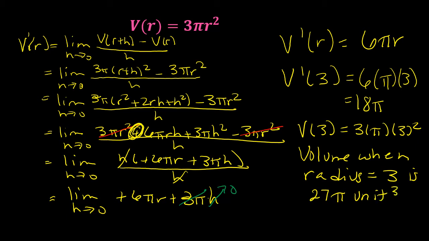So v of 3 is straight up the volume. V prime of 3 means as the radius is increasing at this one moment in time, that means the volume is increasing.